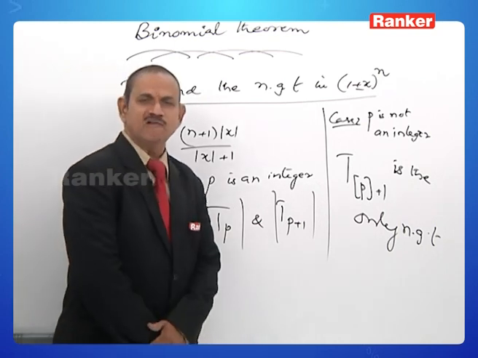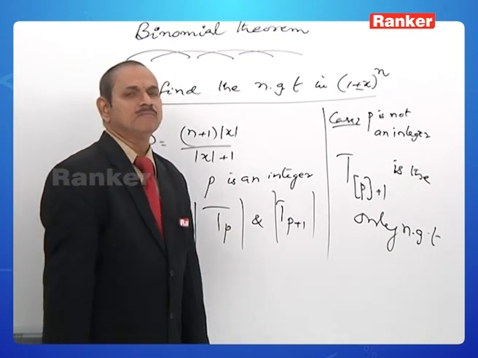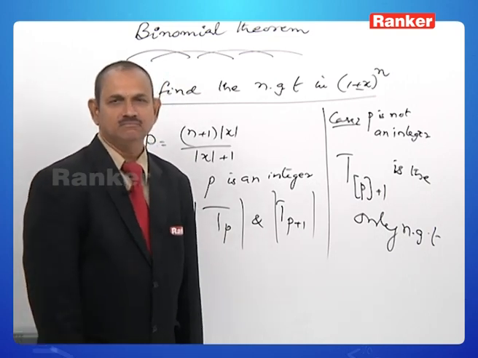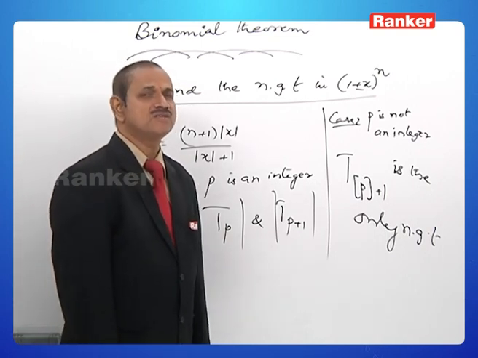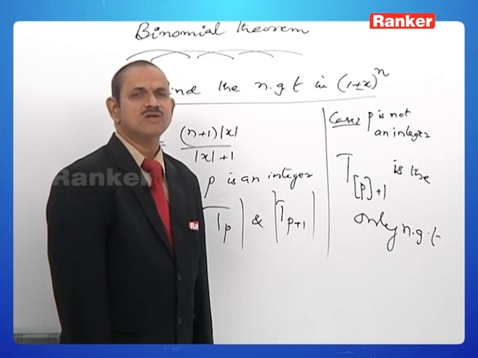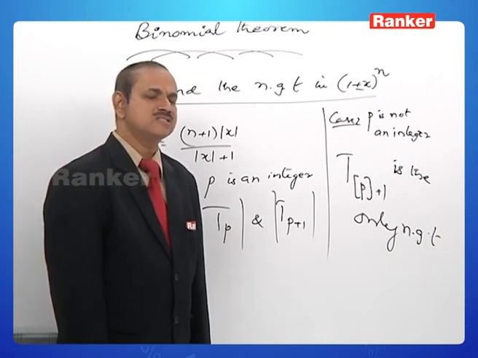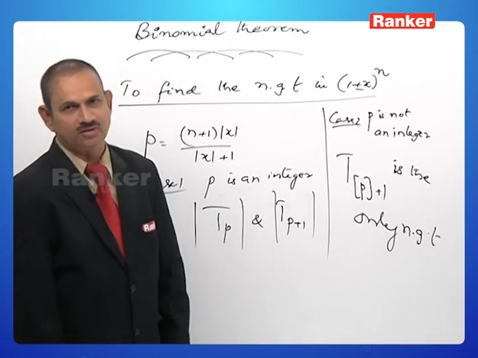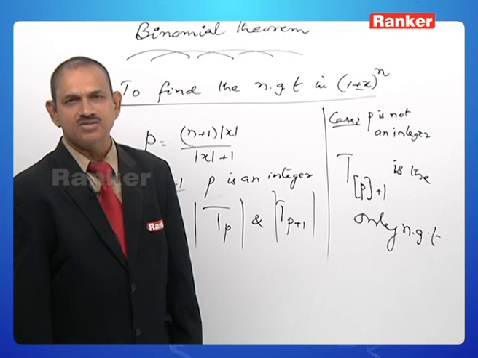Suppose the value of p happens to be 16 by 5. What is the integral part of 16 by 5? It is 3 point something, hence its integral part is 3. Hence T3+1, that is the fourth term, becomes the numerically greatest term.